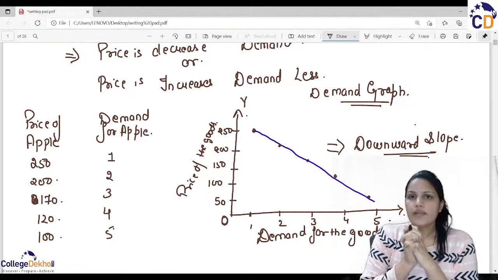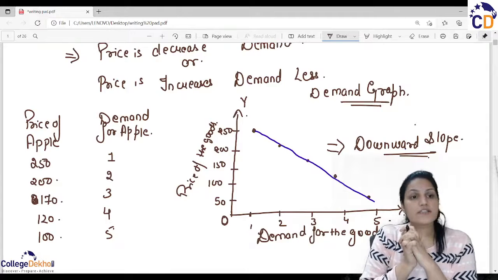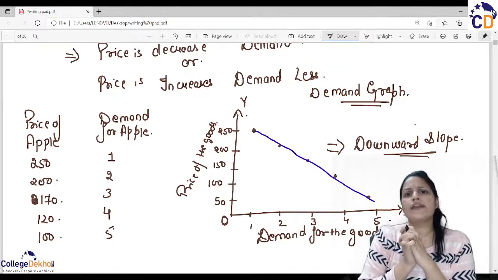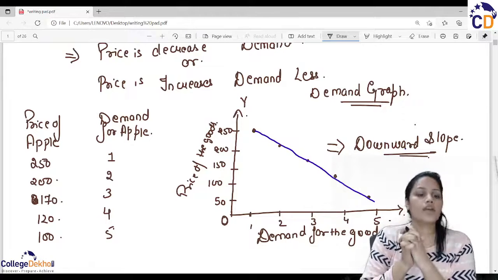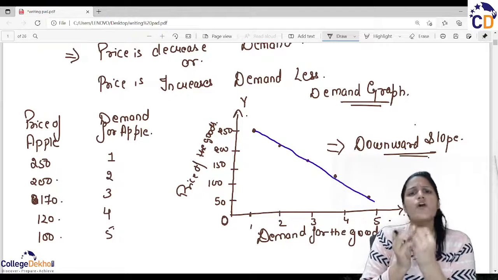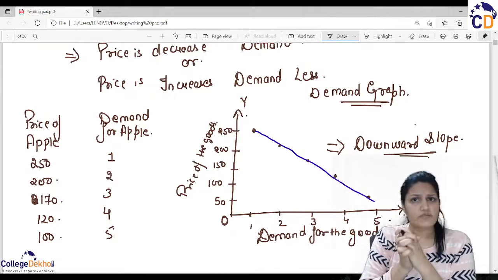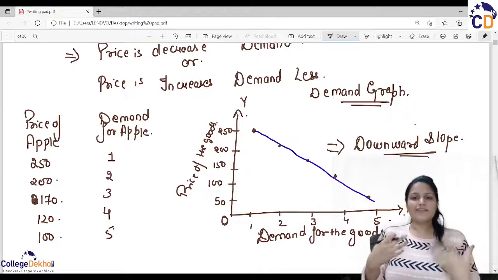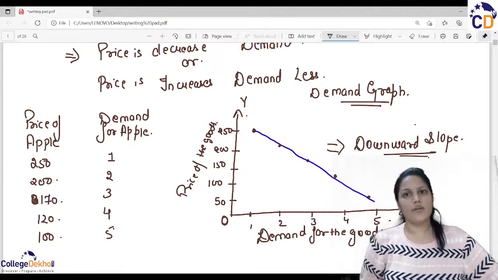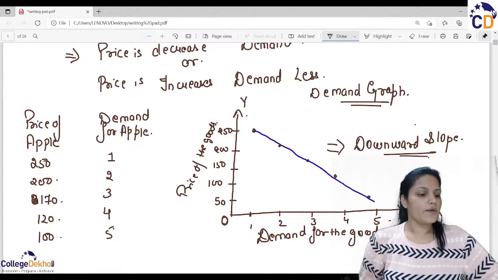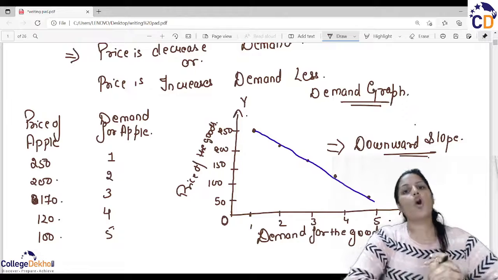So this is the way we teach in class. This is the way we take examples. In my class, I definitely take examples from your surroundings and daily life, because from the examples of our daily life and surroundings, it's quite easy to understand the concept. Yes, quite a surprising point, but this is the only way.